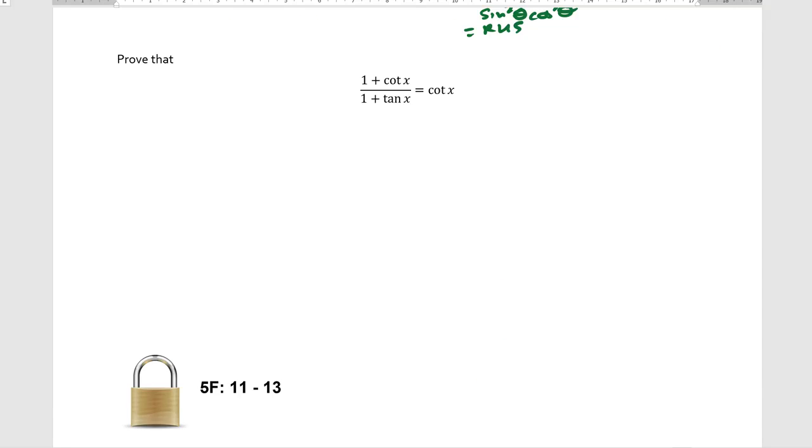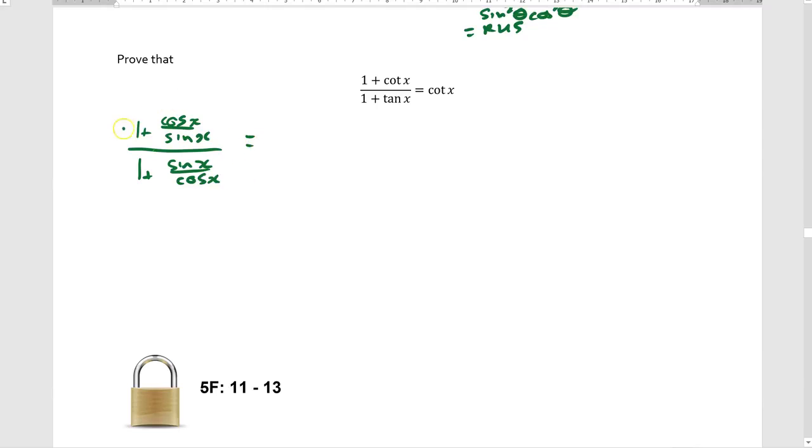Now this next one we could tackle in a few different ways. We would start with the left hand side because it looks a little bit more complex, and write our cot as cos over sine, cos x over sine x, and write our tan as sine over cos.